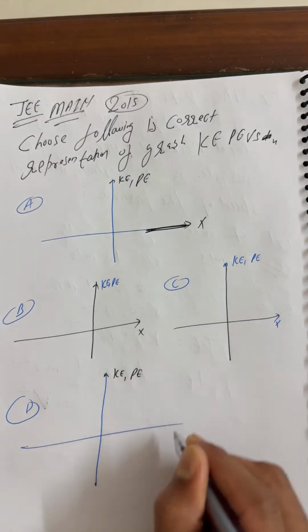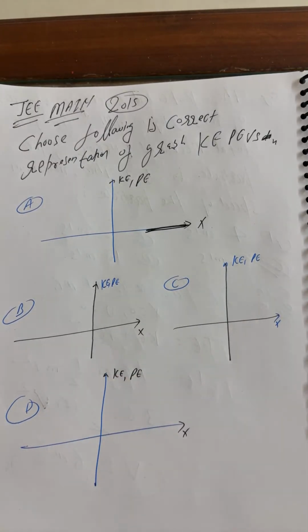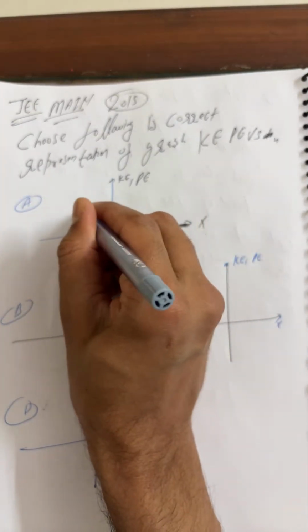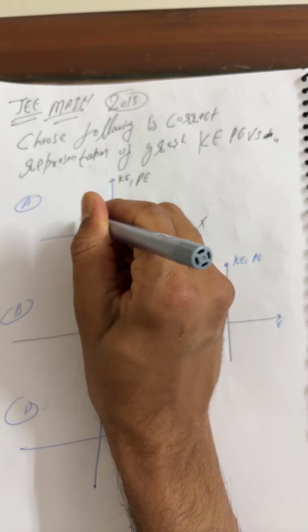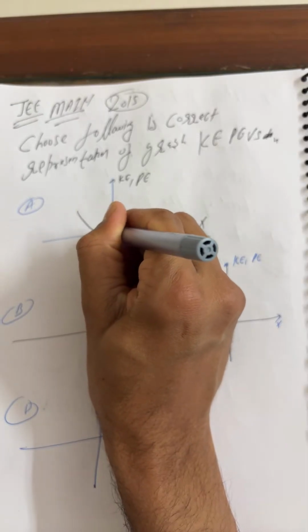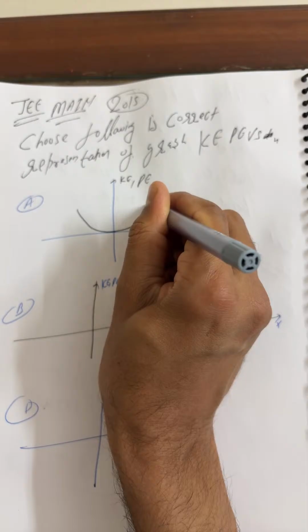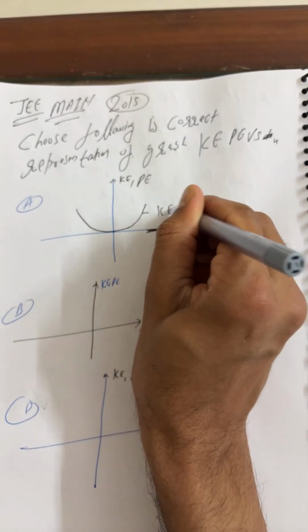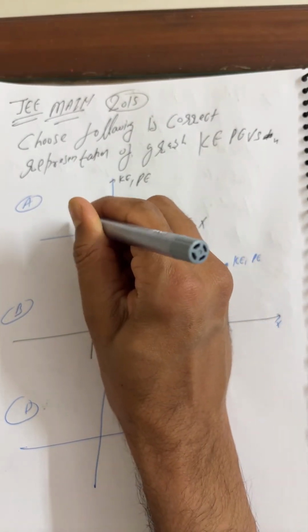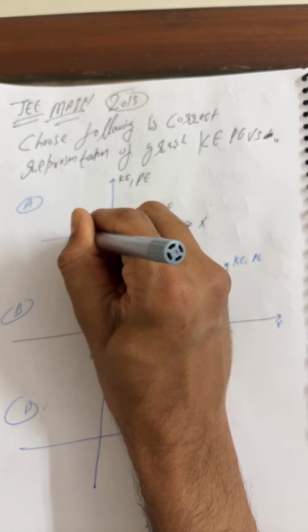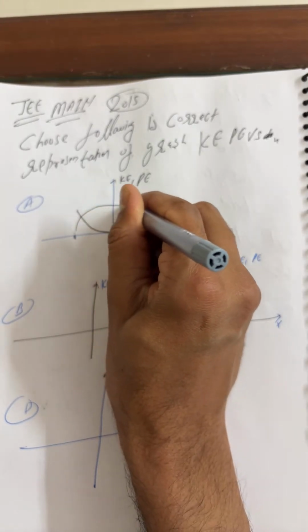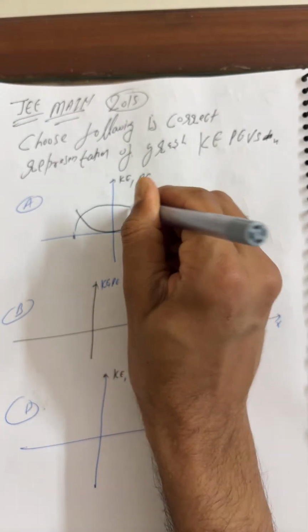Kinetic energy, potential energy as a function of x. So here, first I'll draw this graph for kinetic energy, and this is the graph for potential energy.